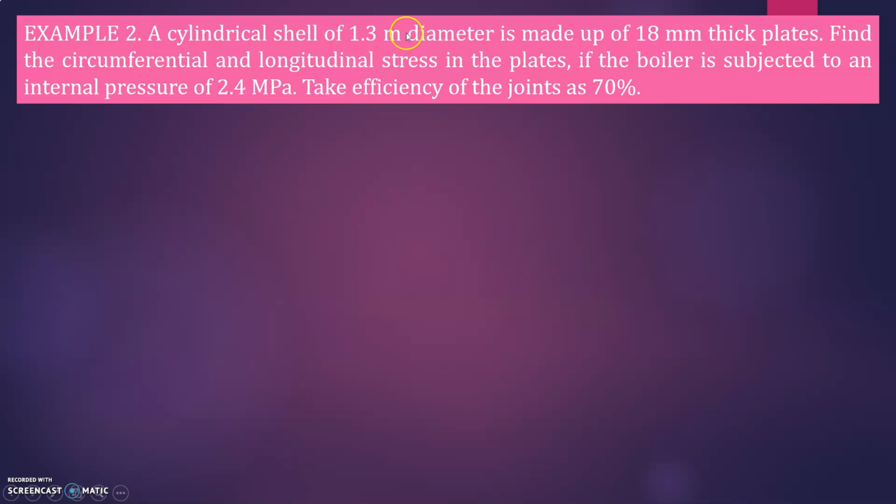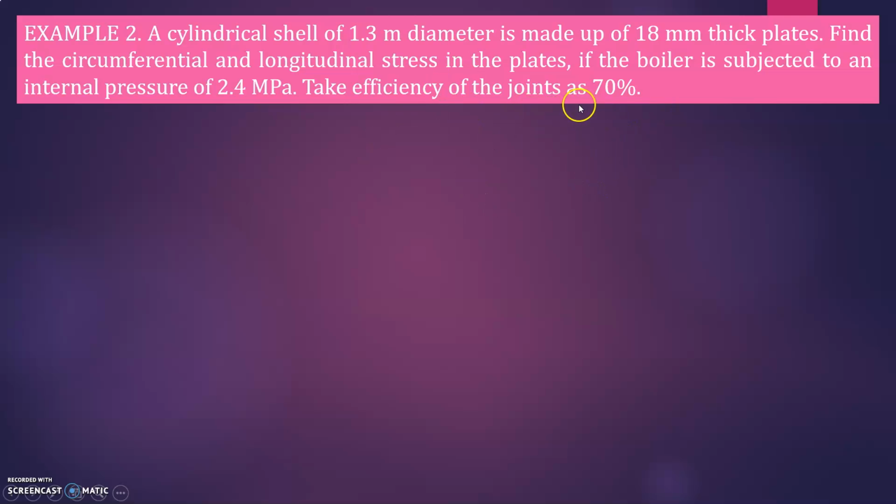A cylindrical shell of 1.3 meter diameter is made up of 18 mm thick plates. Find the circumferential and longitudinal stress in the plates, if the boiler is subjected to an internal pressure of 2.4 MPa. Take efficiency of the joints as 70%.